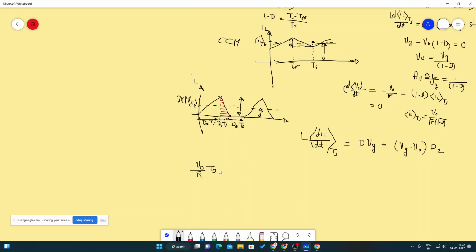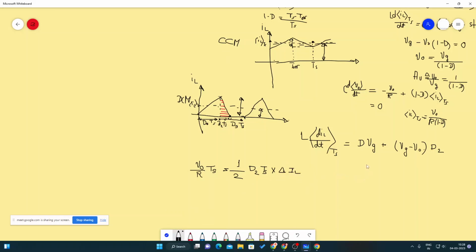Since this is a triangle, I can just write it to be half, base is D2TS and the height is, let's say, delta IL.